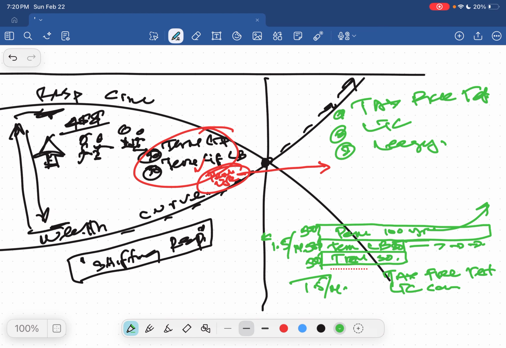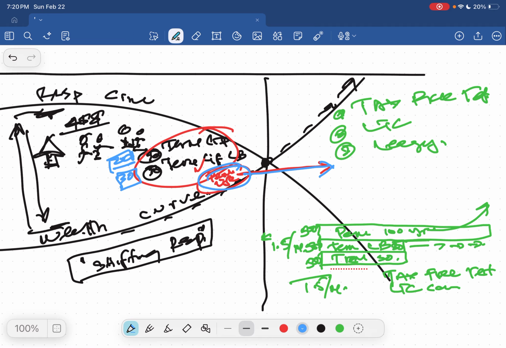Term on the left side could be 20, it could be up to 30 years. Low cost, but temporary, because as we're growing our wealth. Permanent is mostly for the right side of the curve, but we want to secure this permanent early on the left side. So as we move in age toward the right side, permanent is locked in.